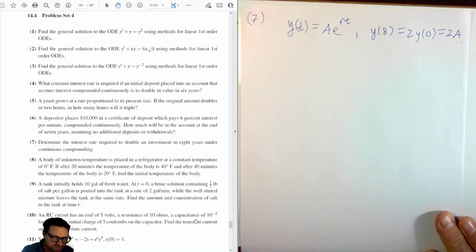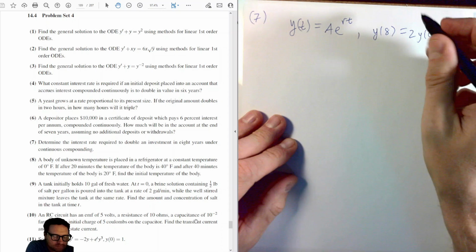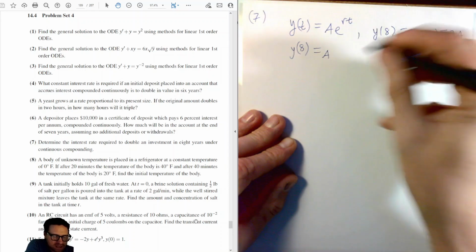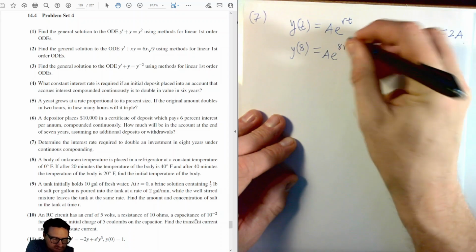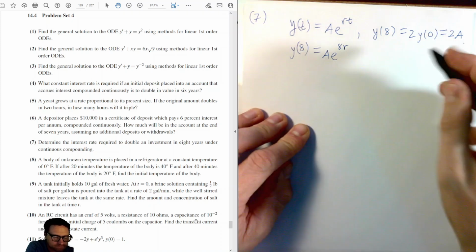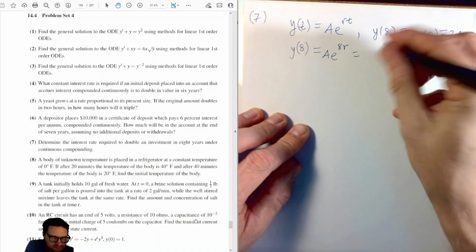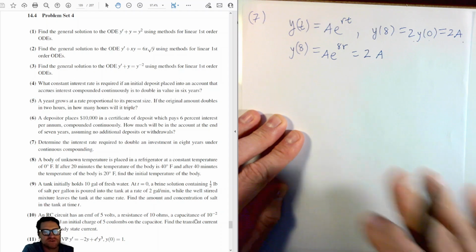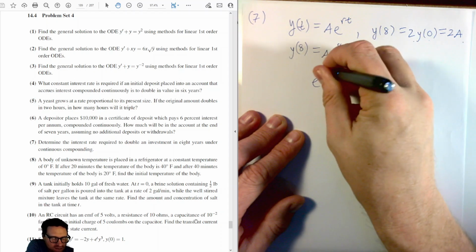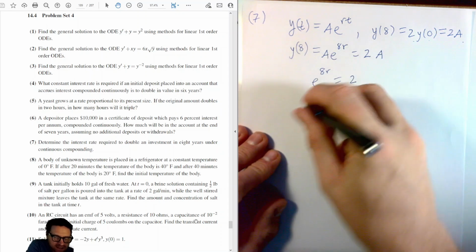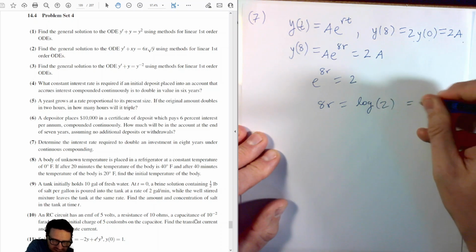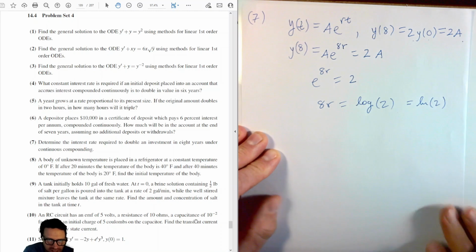Okay, we're asked to find the interest rate. So then y of 8 is a e to the 8r, doing this in years, is twice y of 0, so that's 2a. Okay, assuming a is non-zero, dividing by a, we have e to the 8r is 2, and so 8r is the natural log of 2, which you can write as ln of 2 if you like.